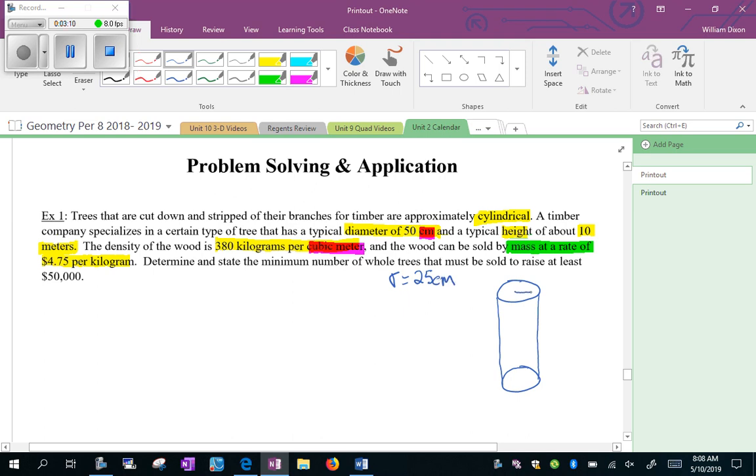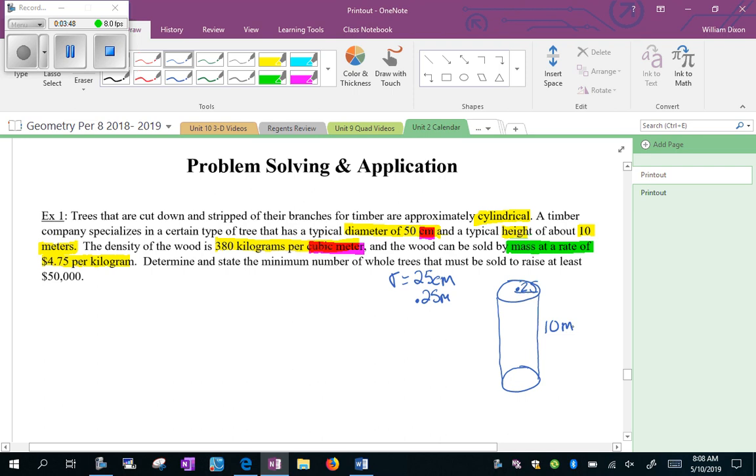We want to convert those centimeters into meters, and all we have to do is divide by 100 or move the decimal two places. So our radius is 0.25 meters. The height of the typical tree is 10 meters. Okay, that's a good start.